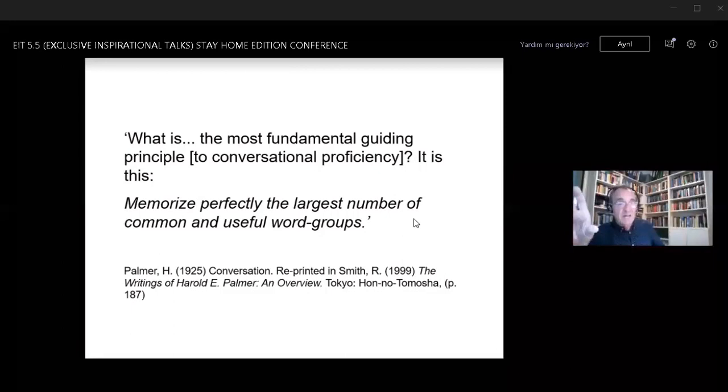Now, this was in 1925. And that's pretty amazing, because everything we know about fluency now tends to reinforce the view that, yes, you achieve fluency in a second language if you have a memorized store of chunks.